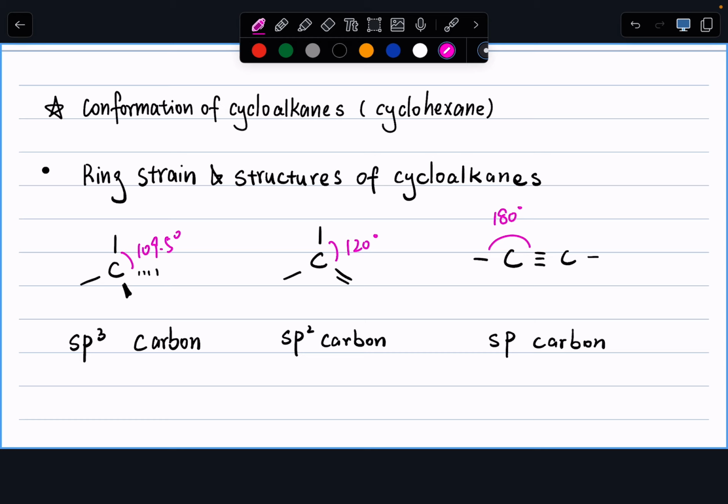But what if we make my molecule into a ring, and then we have a problem? I'm trying to force it. You see, I'm trying to make this 3-member ring with my molecular kit, and I can't even do it without forcing it. Here's a problem called ring strain.